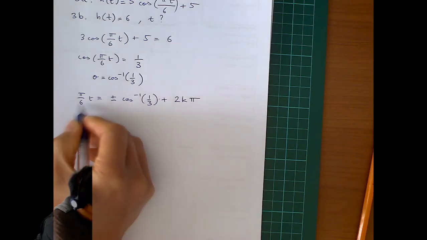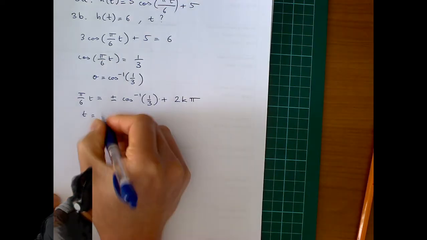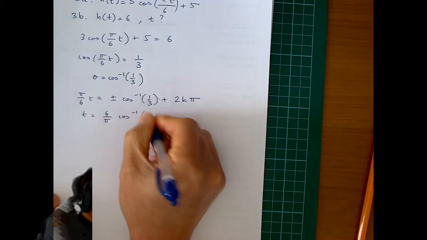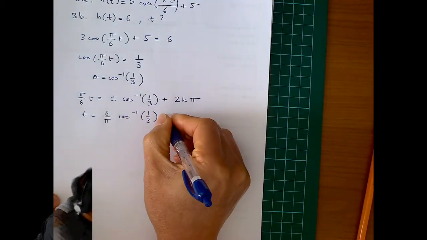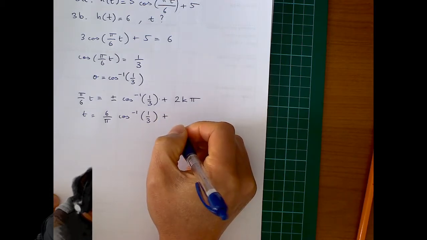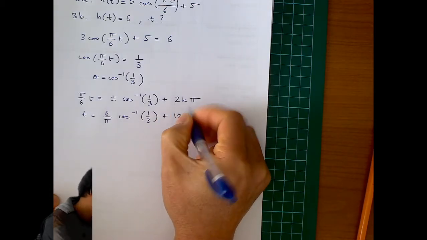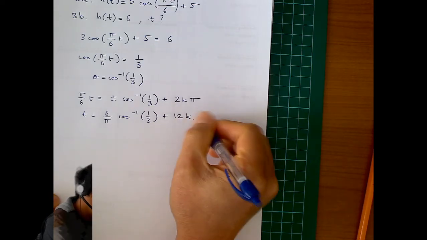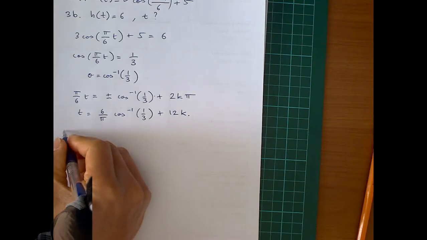We transpose the pi over 6. So that's going to be 12k. So it's 12 hours. That's fine.